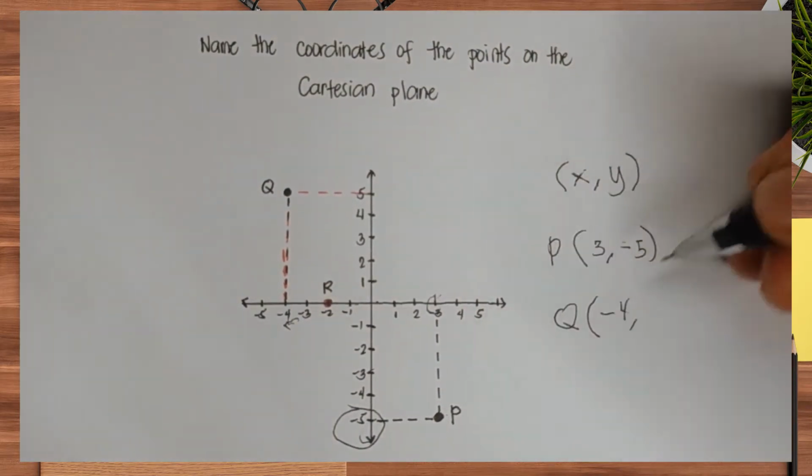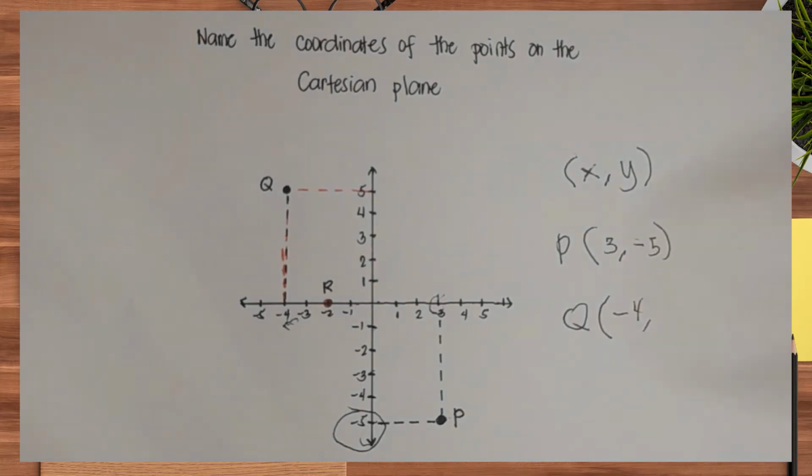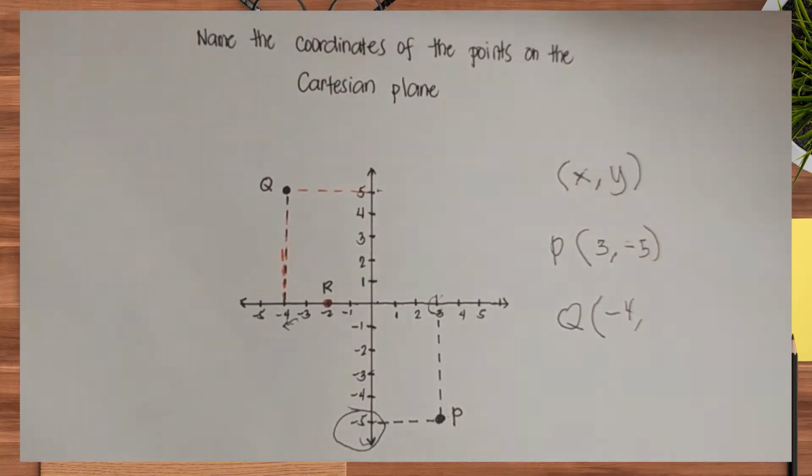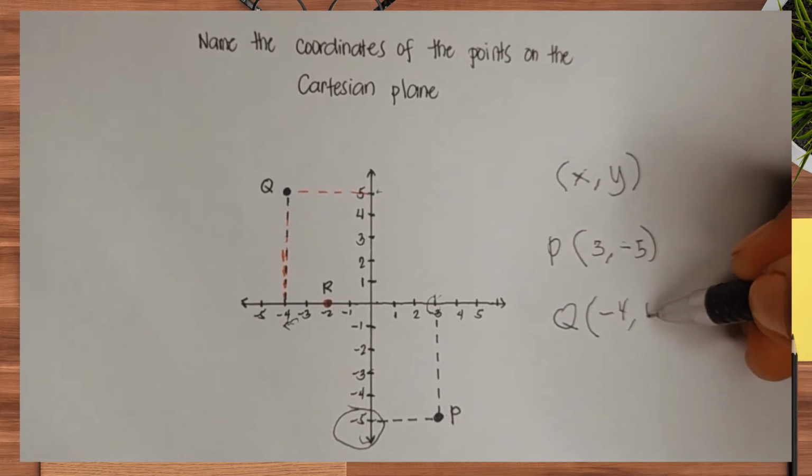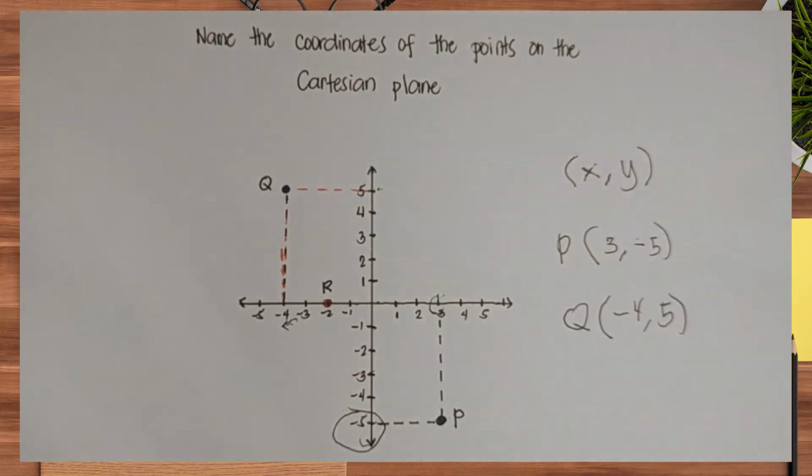And our ordinate, we have positive 5. The coordinates now of our point Q is (-4, 5).